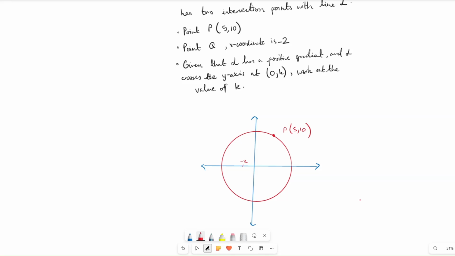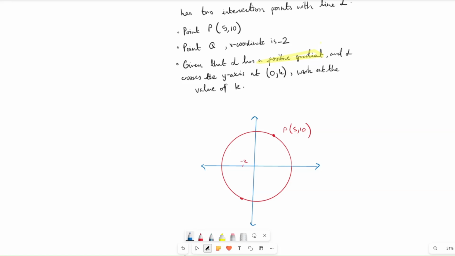But we do know. Why? Because we know that line L passes through point P and point Q, and also that line L has a positive gradient, which means that Q has to be the one down at the bottom, like there.